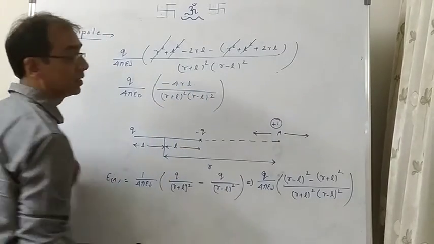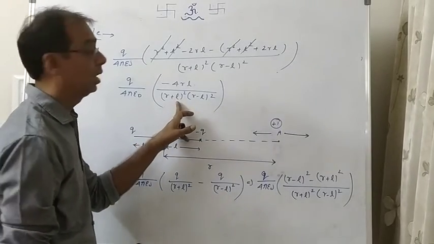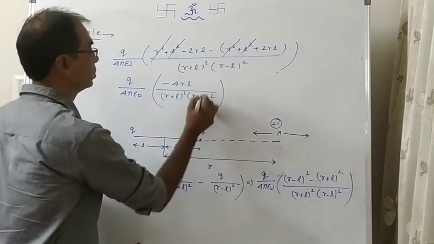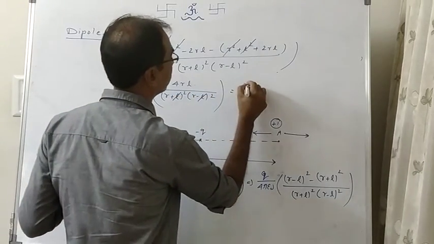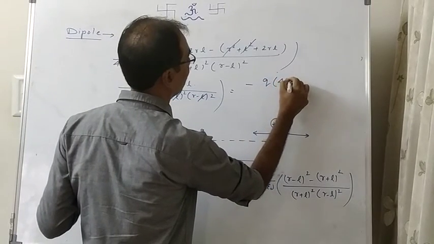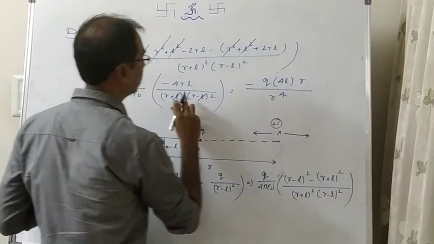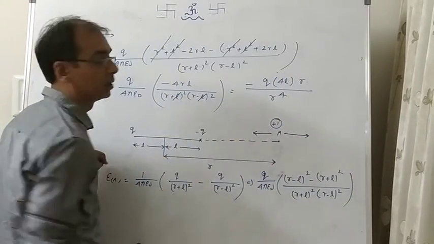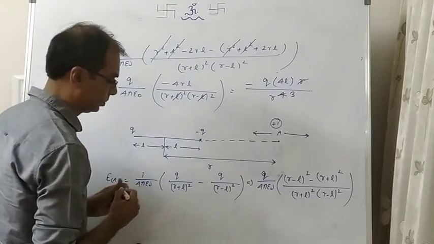As we said that R is greater than L, here we can neglect L. We are neglecting L, so this L and this L get neglected. So what are we getting? Minus Q into 4L into R by R to the power 4, which is R square into R square. This gets cancelled over here, this becomes R cube.